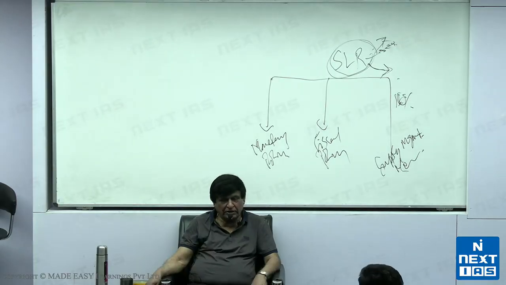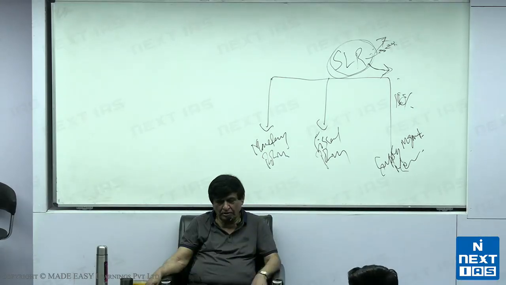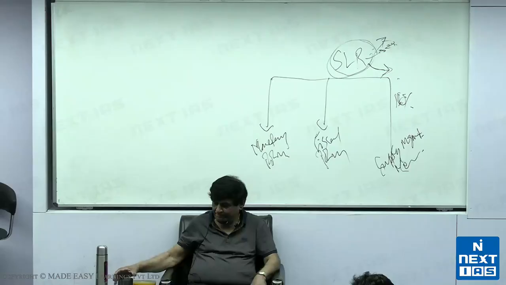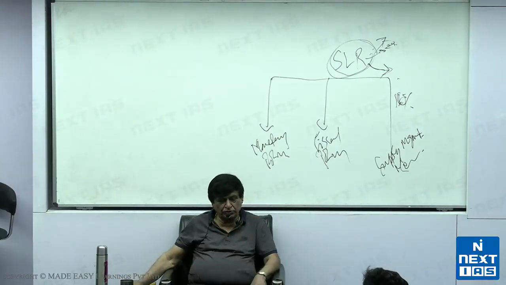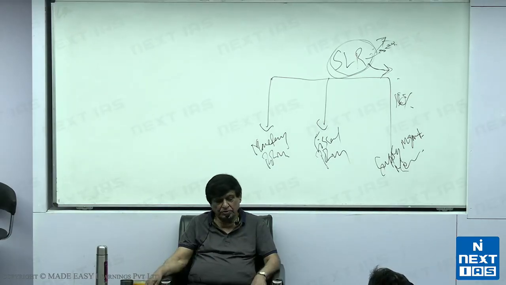Full stop. Other than reducing indirect taxes, comma, the government may also reduce its revenue expenditure because it does not create any assets.